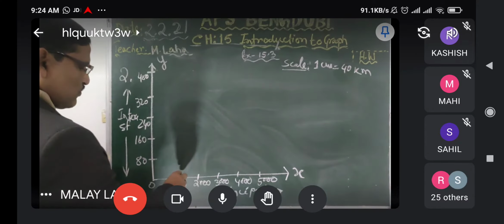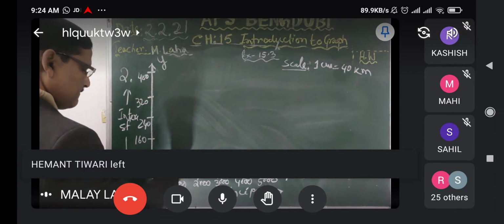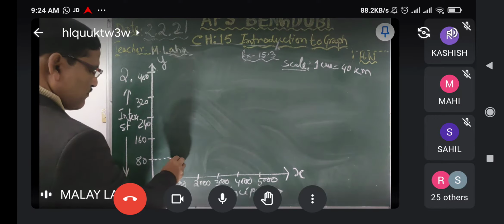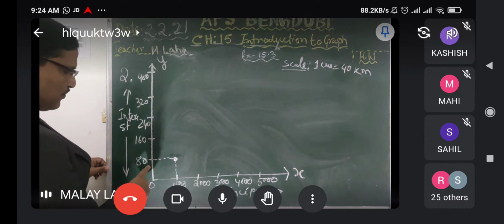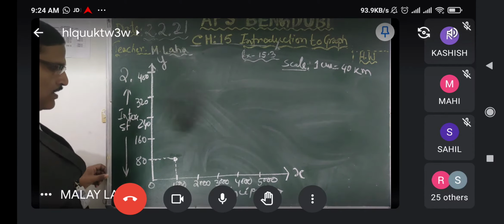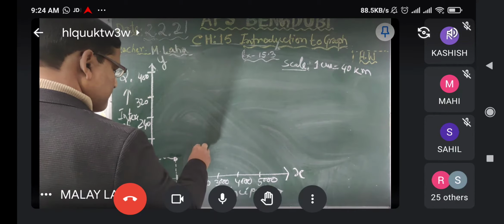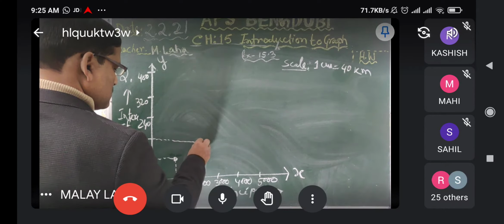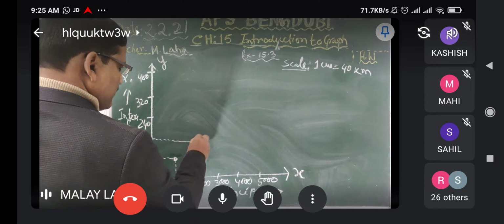So vertical line from this x-axis. This is the point: 1000 rupees earning 80 rupees. This is the point: 2000 rupees earning 160. This is the point.